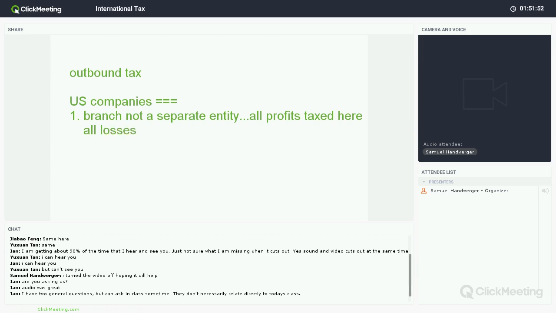All losses are recognized here. No dividends. So there's no worries about when you send money back to the parent company.